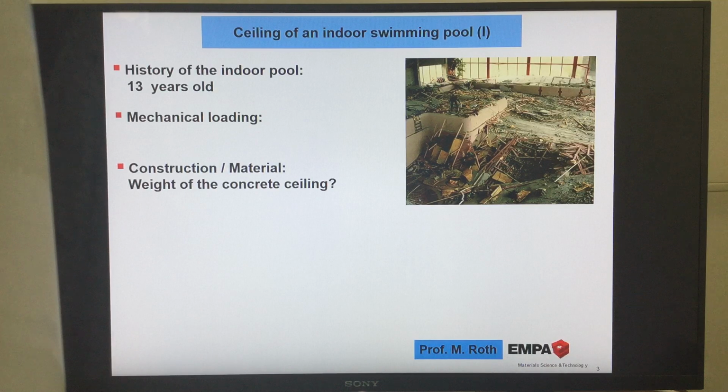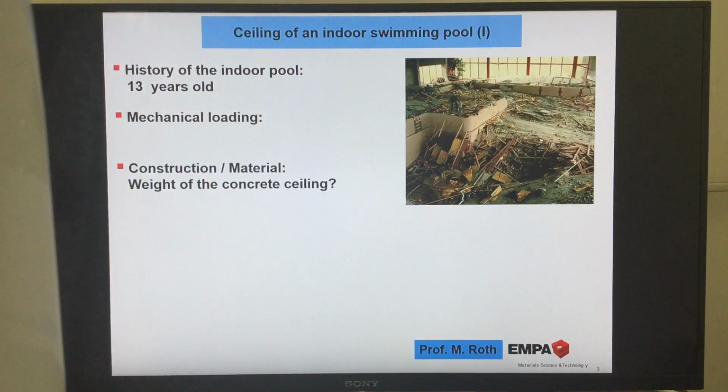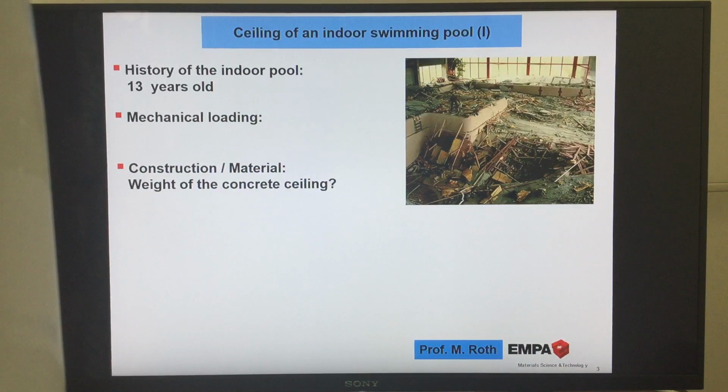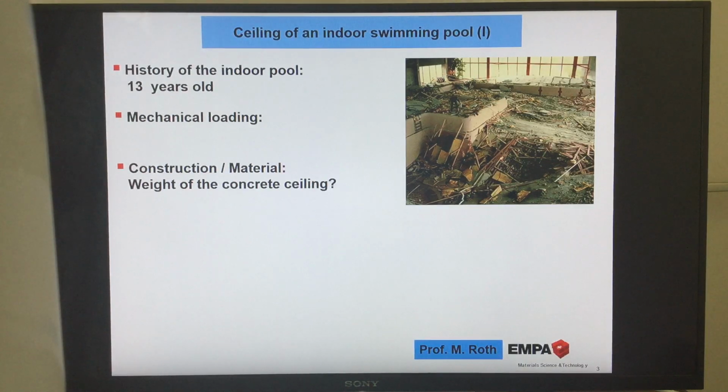The mechanical loading: I have to tell you that this concrete ceiling, which you see here on this 50 meters pool, was attached by these kind of steel bars, steel hangers.